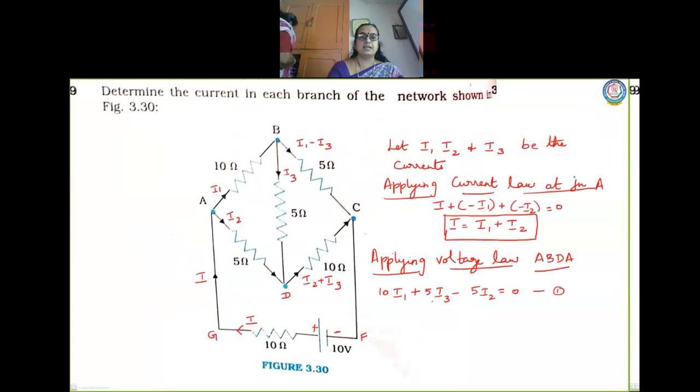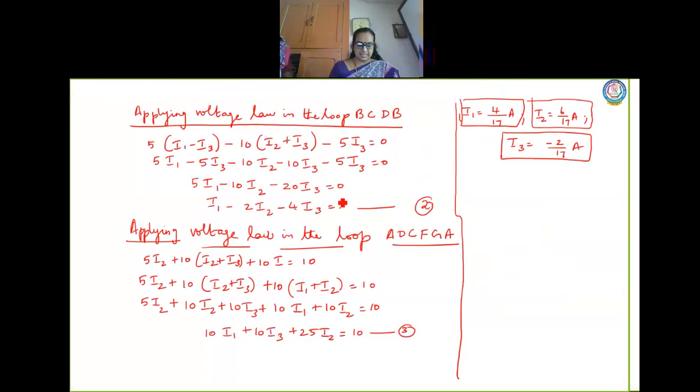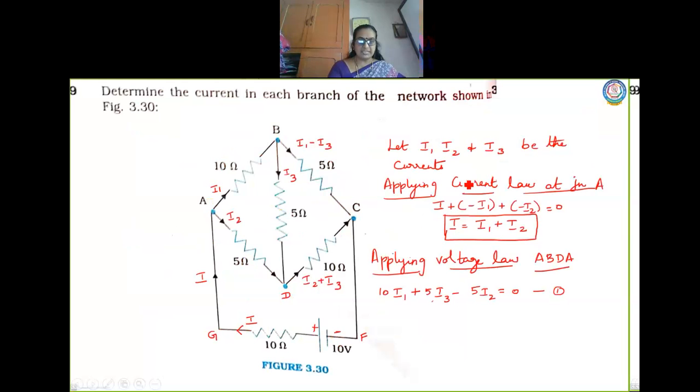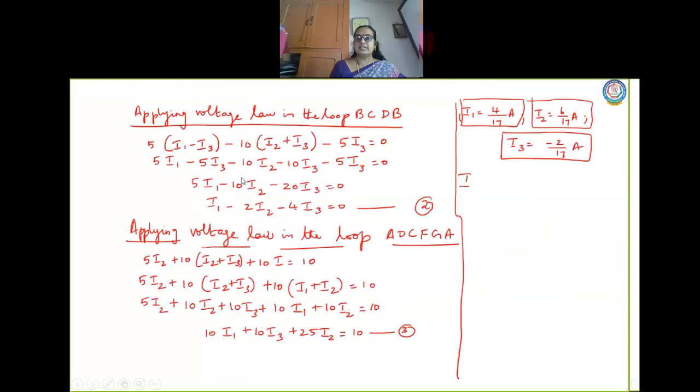I1 is here, 10 into I1. Let me take this lead as AB. So the current in the lead, IAB, is equal to 4 by 17 ampere. This is one value of current.